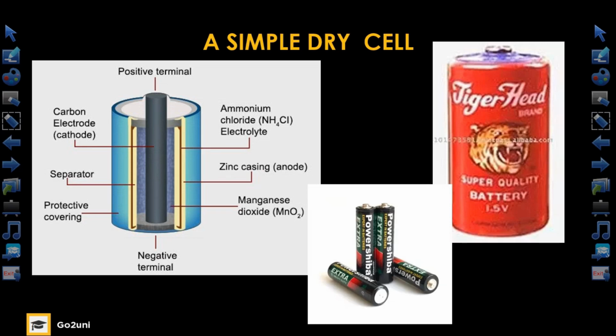So these are all examples of dry cells, which can be used in our transistor radios or in our torches, in toy cars and any other device. These are things where we can apply these dry cells. Away from the dry cell, we shall now look at the reactions that take place at the anode and cathode, that is the anodic reaction and the cathodic reaction.